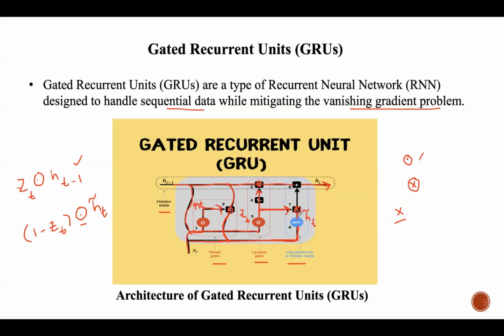We already got this h_t hat value, performed element wise multiplication, and we got the result. So what we did at the end, we need to add both the values. So take this value and this result, perform element wise addition in order to compute h_t. So that is what we did.